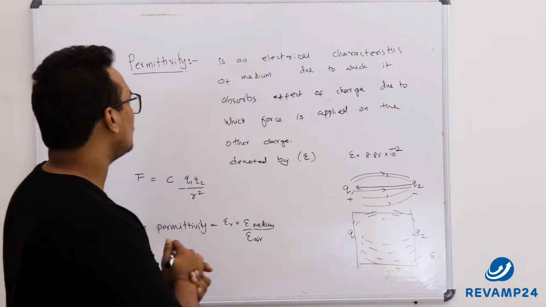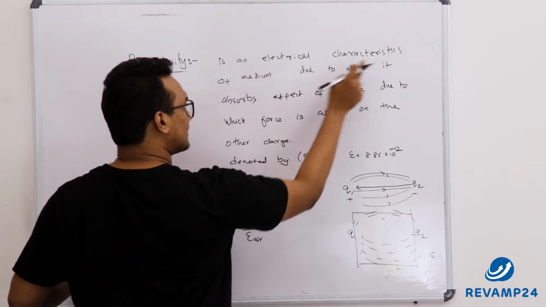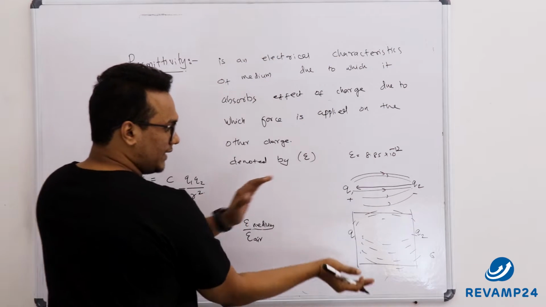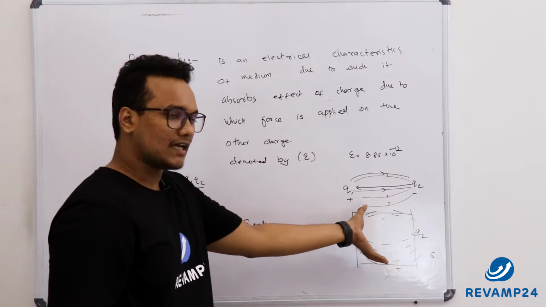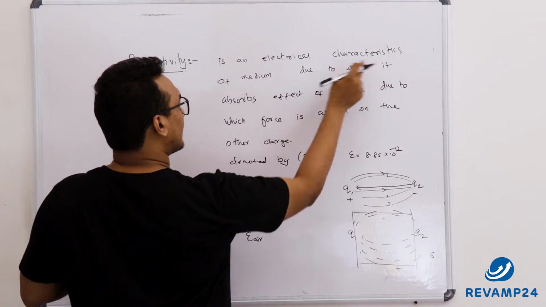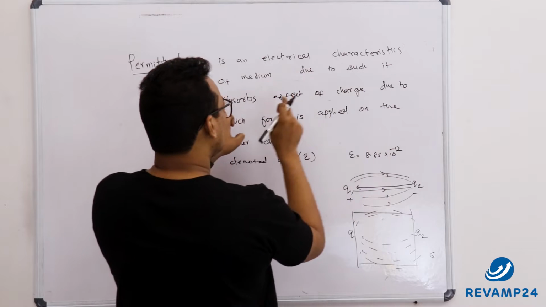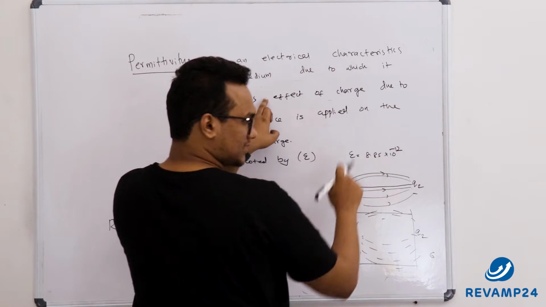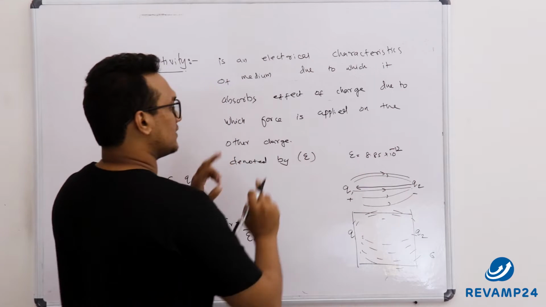Okay, so now read the definition for permittivity. It is an electrical characteristic of a medium. Okay, so the medium is absorbing the field lines, right? Instead of explaining it as absorbing the field lines, we will explain it this way. It is an electrical characteristic of a medium due to which it absorbs the effect of a charge. What effect? That due to which force is applied on another charge.